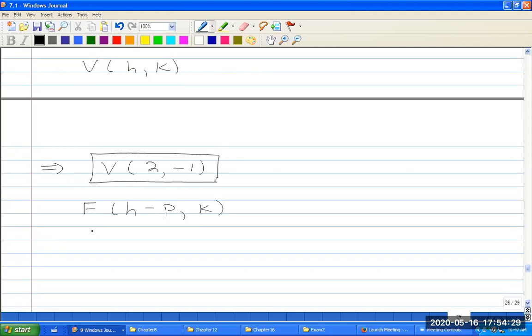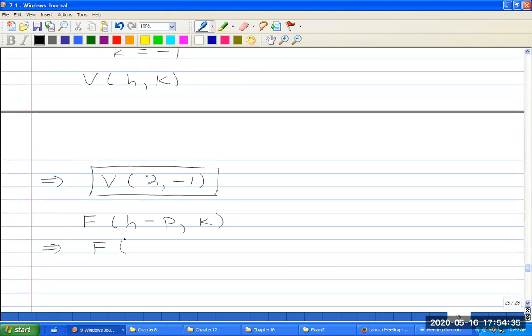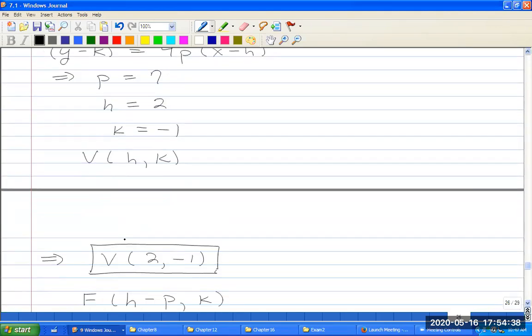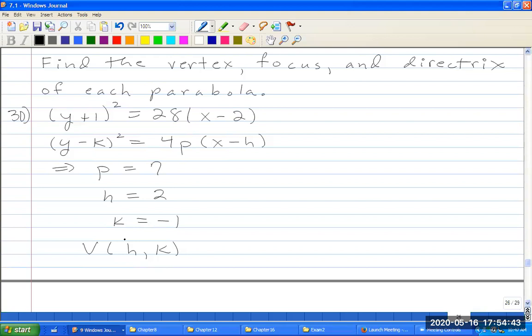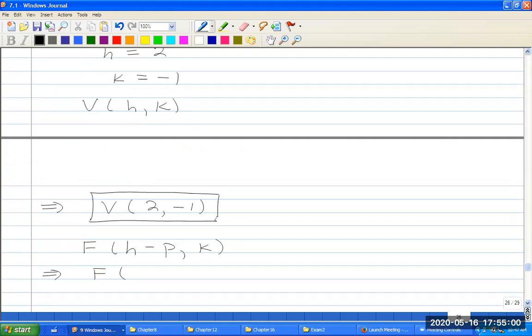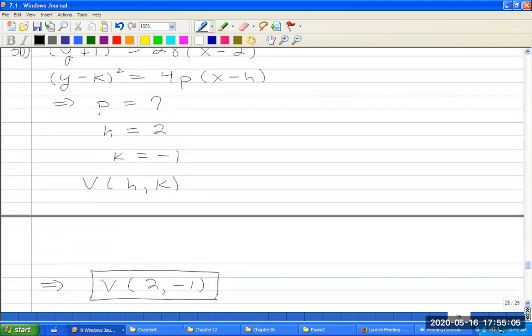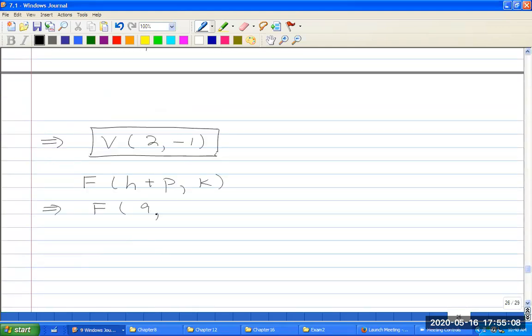So the focus is at, I forgot what it was, 2 minus, is it positive 28? You should be adding. So it goes in the same direction. So 2 plus 7, which is 9, comma minus 1.